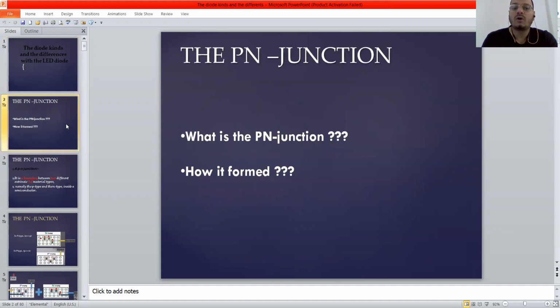Let's talk about what the PN junction is and how it is formed. Like we know, a PN junction is two sides doped using different elements.